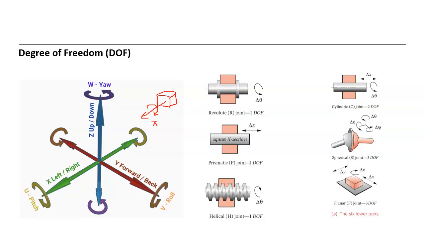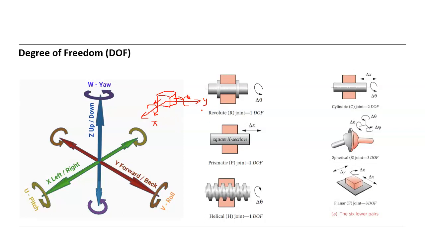So it can move in y direction, means it can move in x direction and move in y direction. Of course, in negative or positive direction is possible. It can turn around the y-axis.